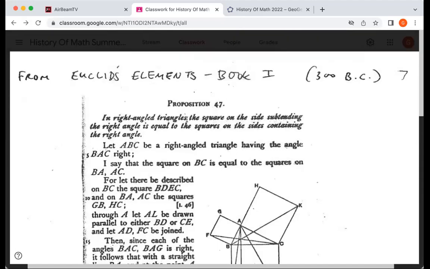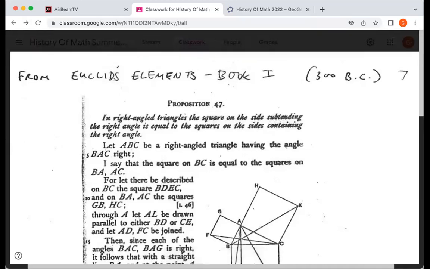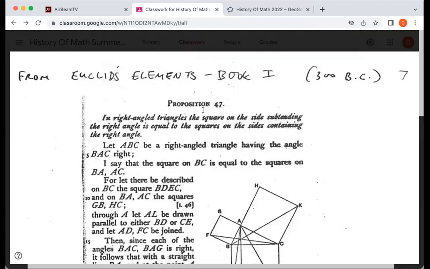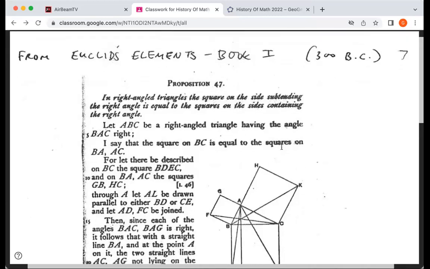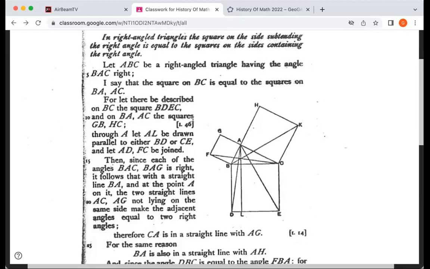In right-angled triangles, the square on the side subtending the right angle, which means the hypotenuse squared, is equal to the squares on the sides containing the right angle, namely the 2 legs. And here you see the windmill diagram. And you can see that it's a lot of lines long.